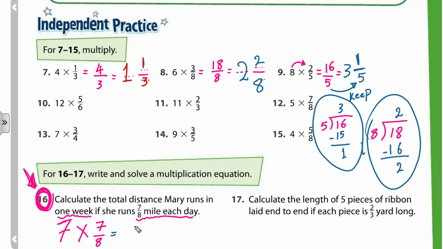7 multiplied by 7 will be... What is 7 times 7? 49.